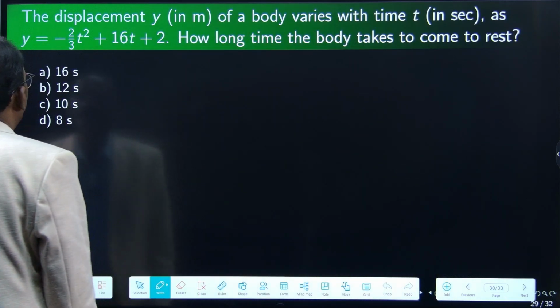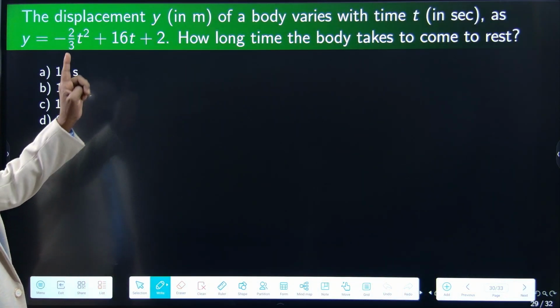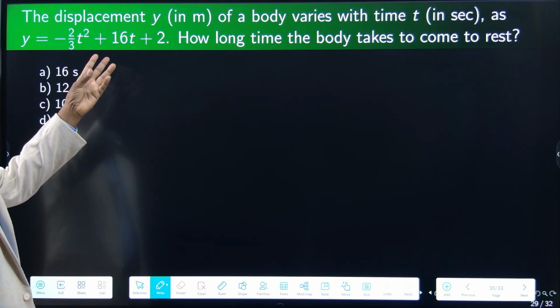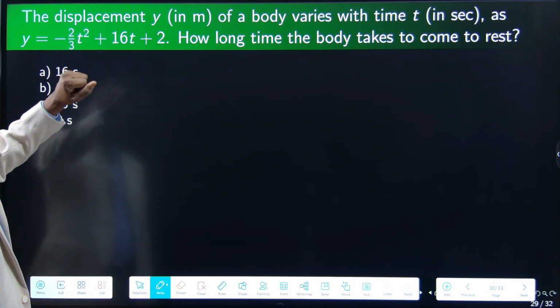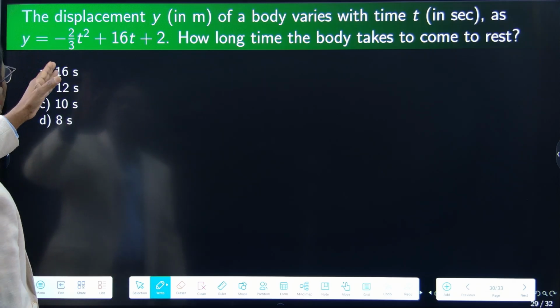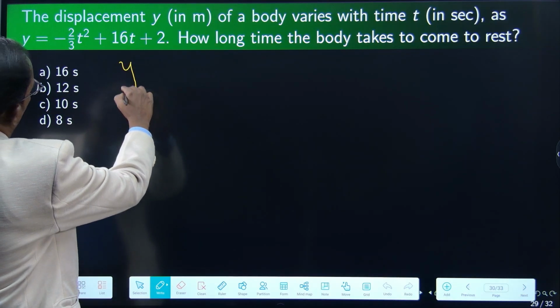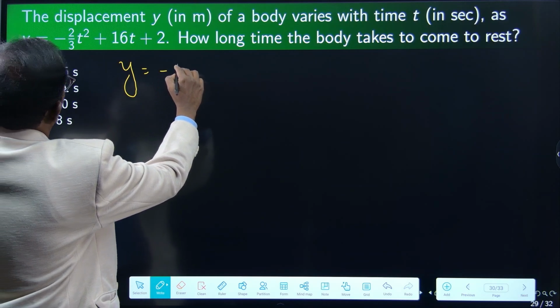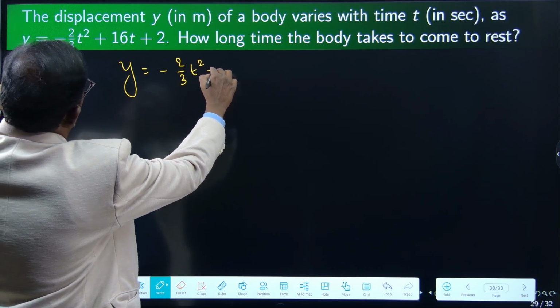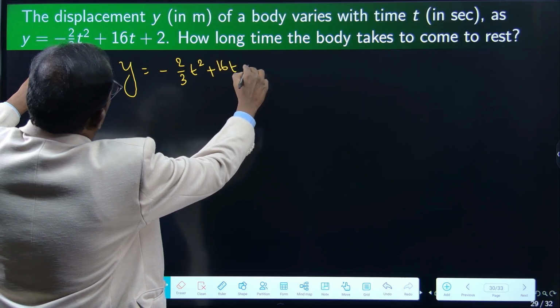Next problem. The displacement, here y is used in this problem. So displacement y in meter of a body varies with the time t in second as y is equal to, it is also given in equation format, minus 2 by 3 t square plus 16t plus 2.